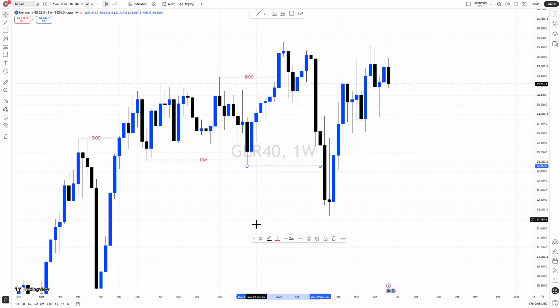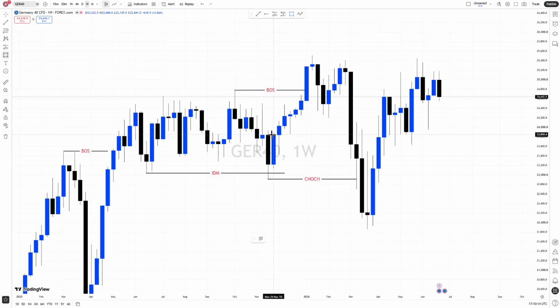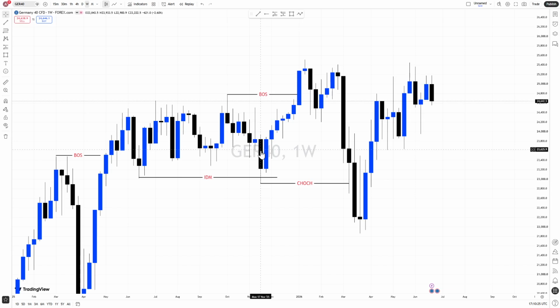Before this market structure shift, we were anticipating this market to give us a reaction from this demand, but it failed, right? We were expecting a buy from this area. Remember I told you, when we have a breakout structure, the first pullback is always an inducement.